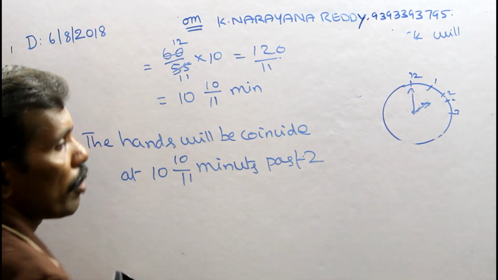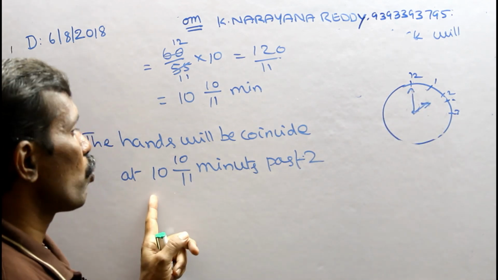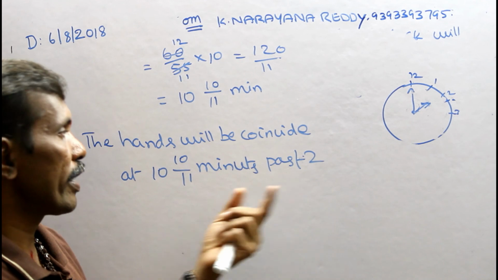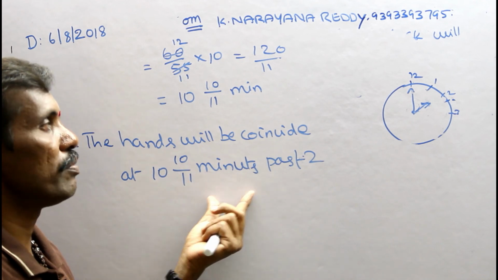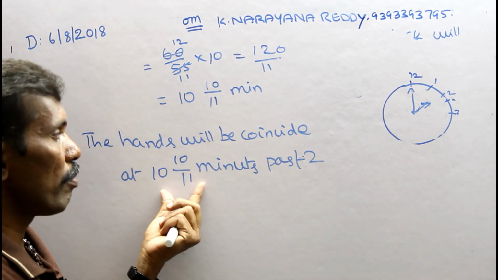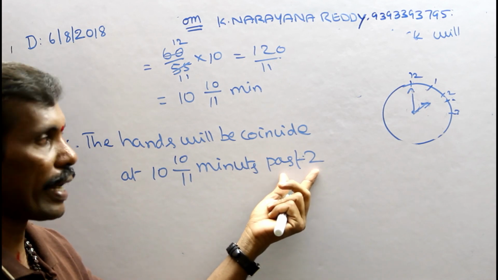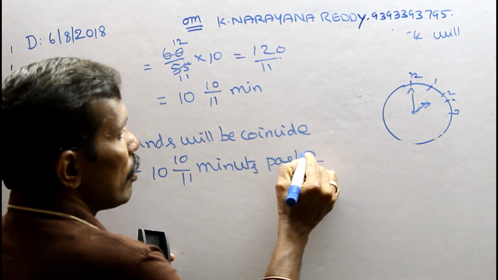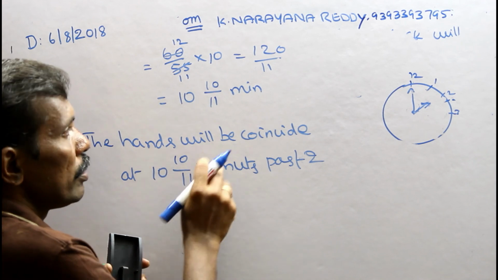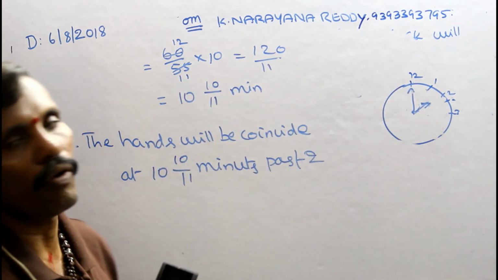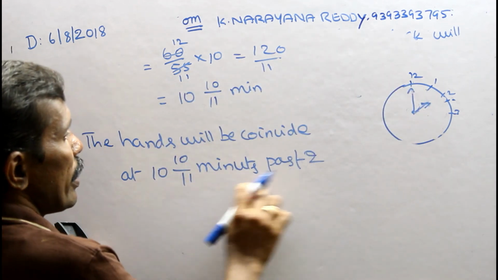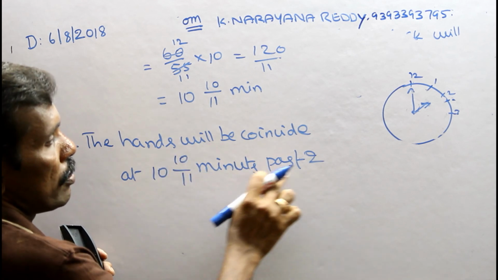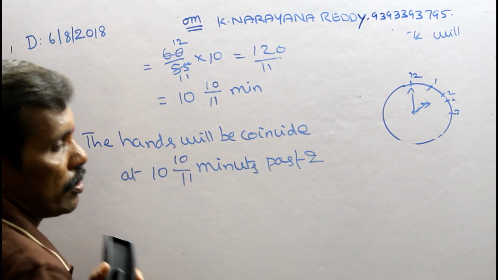After passing 2, the minute hand coincides with the hour hand at 10 by 11 minutes past 2. This is the answer. Okay.